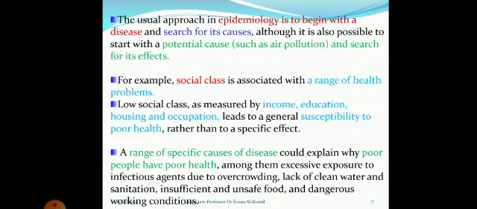The usual approach in epidemiology is to begin with a disease and search for its cause, although it is also possible to start with a potential cause such as air pollution and search for its effects. There are two types of analytical study, which we are going to discuss in the next lecture. Either we start with individuals who have the disease and ask retrospectively about exposure to the risk factor.